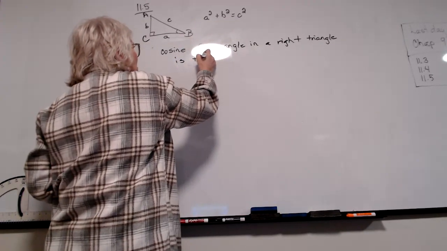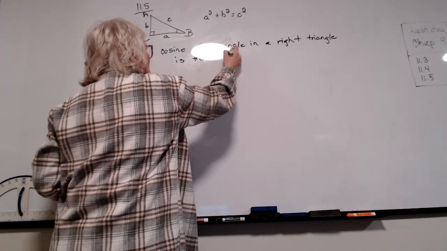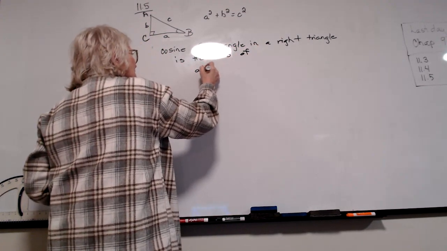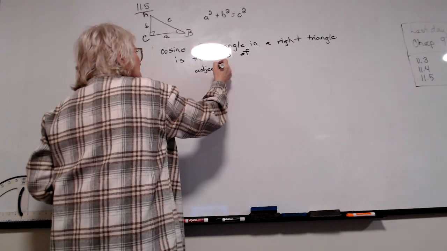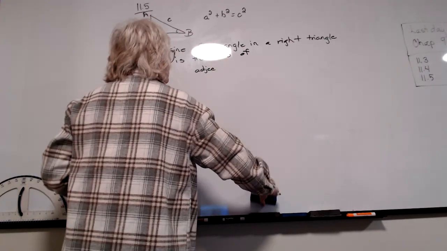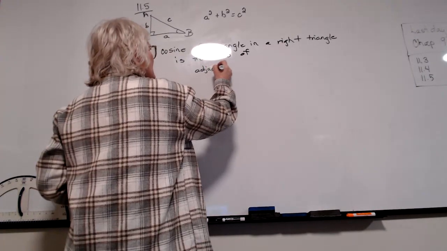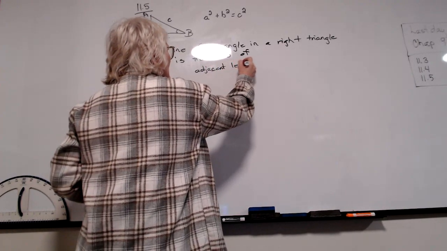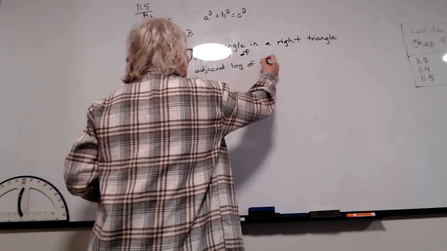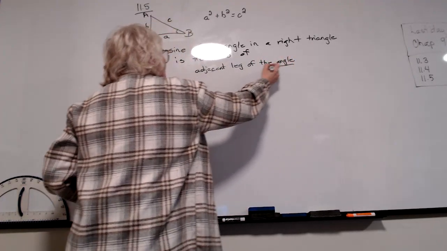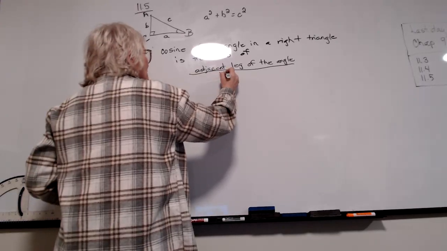is the ratio of the adjacent leg of the angle over the hypotenuse.